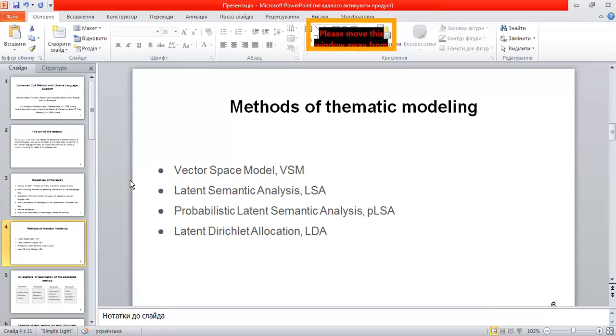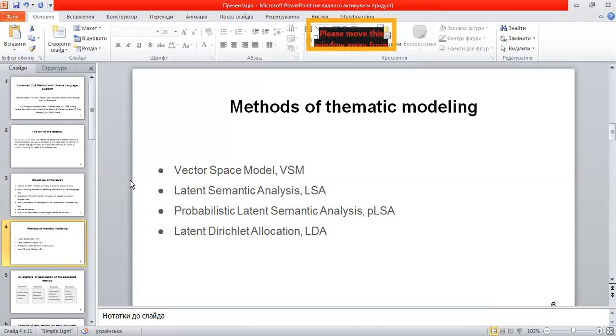It in turn uses a probabilistic method instead of SVD. The basic idea is to find a plausible model with hidden terms that can generate the data observed in our term-document matrix.